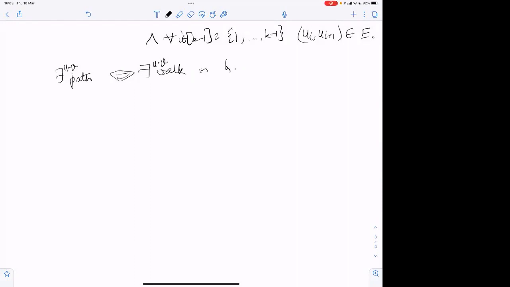Firstly, we would have to agree on a representation of the graph. This graph is something with vertices and edges. How do we represent this graph? One very simple representation of graphs.